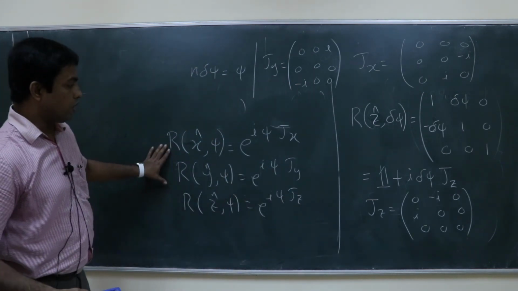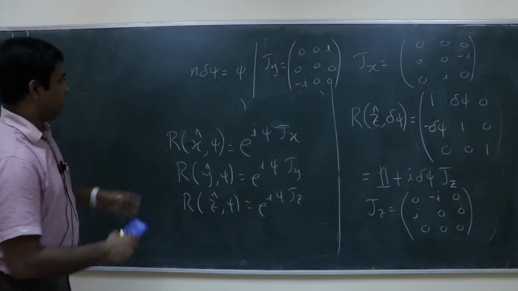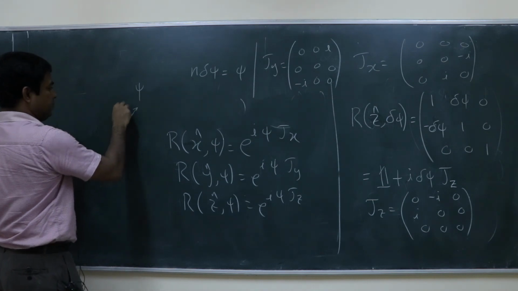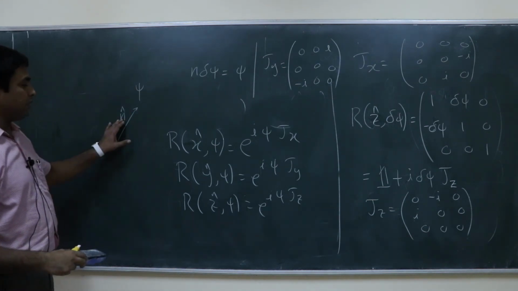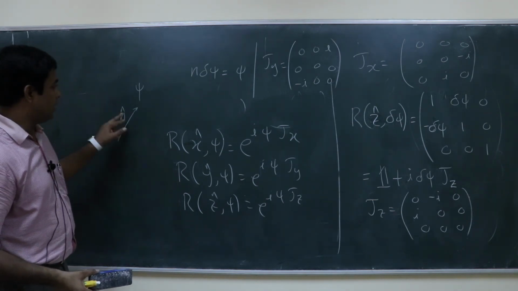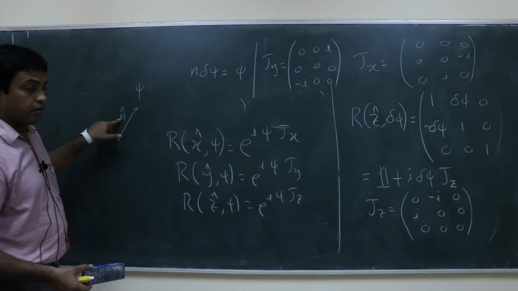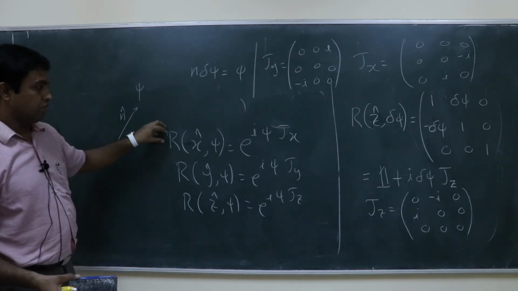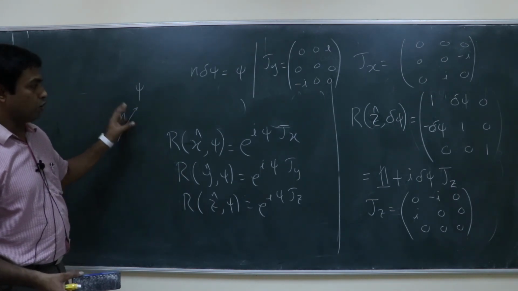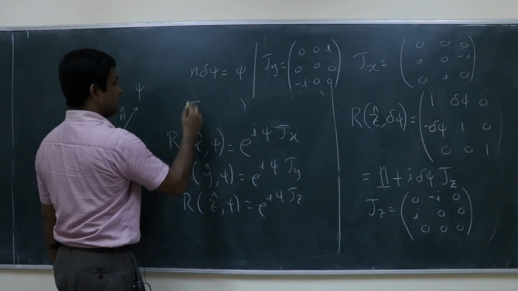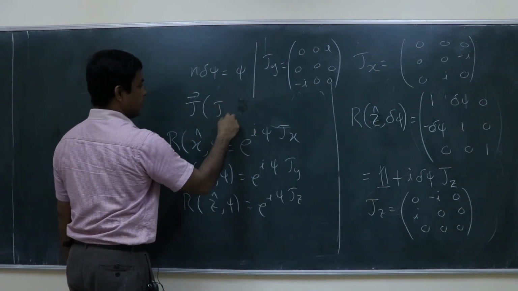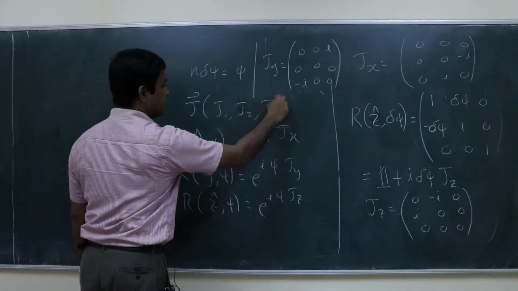In the next class, we are going to do any arbitrary rotation psi about an axis n, because that can now be realized using these three. So any arbitrary rotation about axis n, you can write with j1 n1 plus j2 n2 plus j3 n3, that is basically the dot product, where j is now a vector with components j1, j2, j3.